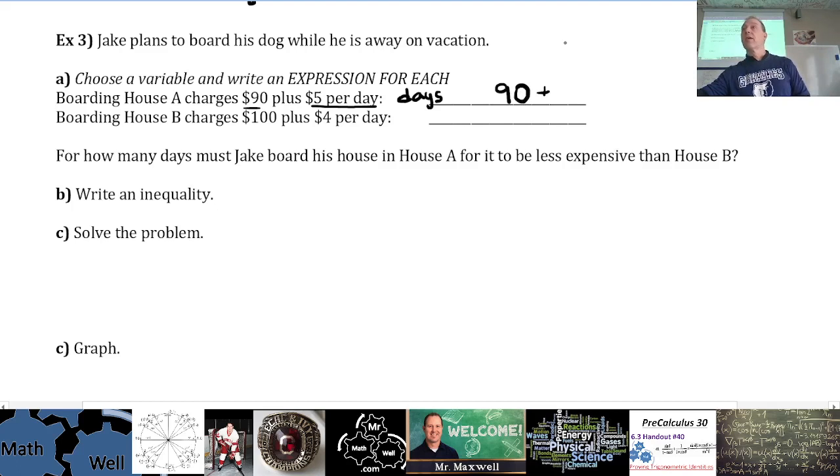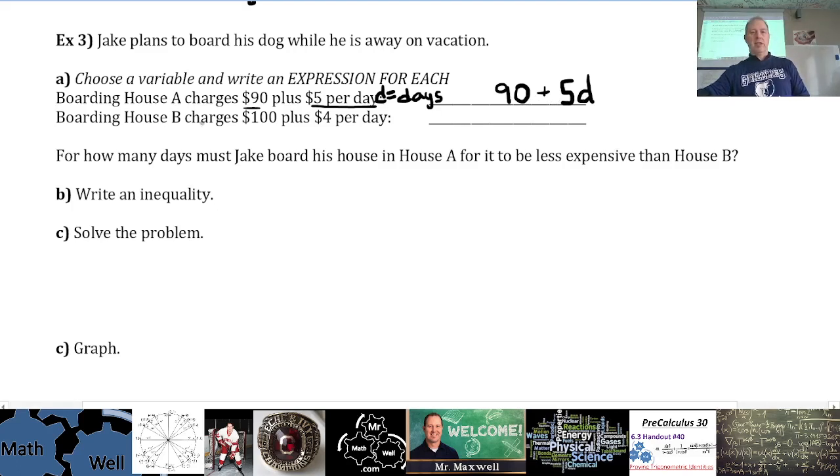Any ideas? Plus 5, and then with the variable behind it. What's the variable? D, right. 90 plus 5D. Excellent. That is the expression for this boarding house here. $90 plus $5 times the number of days that the dog is there. Good?